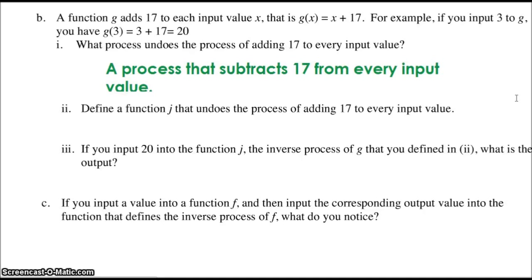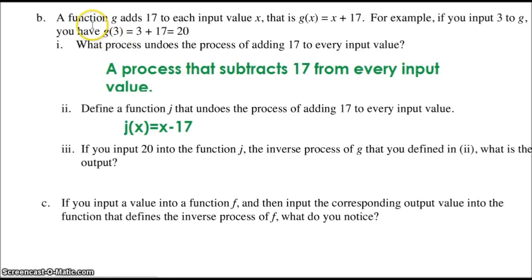Part 2, define a function j that undoes the process of adding 17 to every input value. Well, our j of x would simply be x minus 17. If you input 20 into the function j, the inverse process of g that you defined in 2, what is the output?